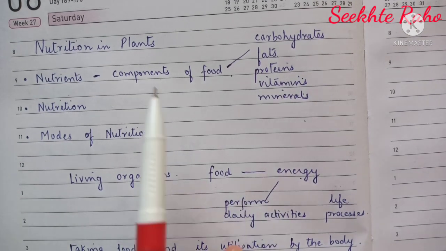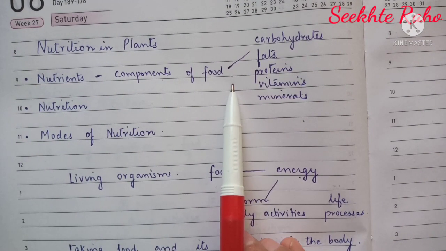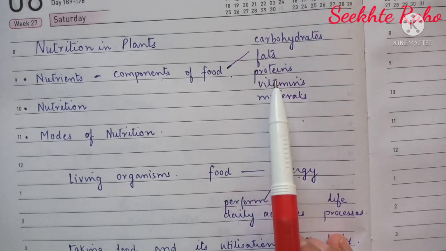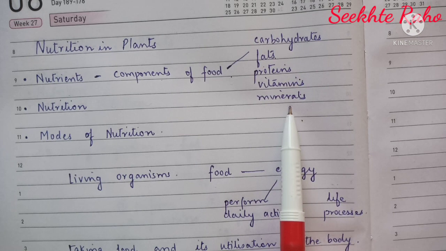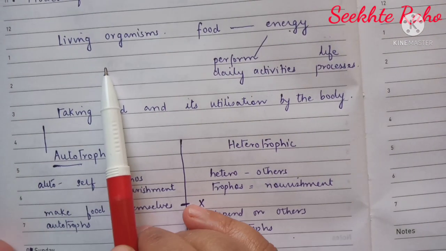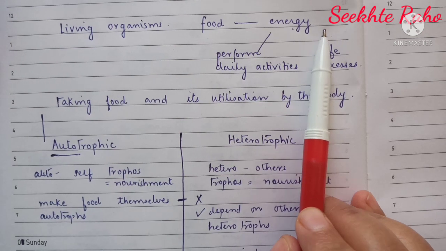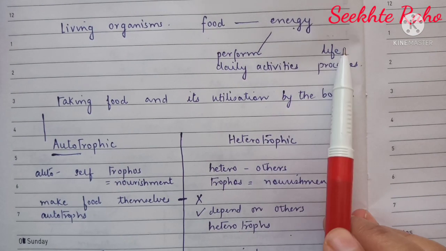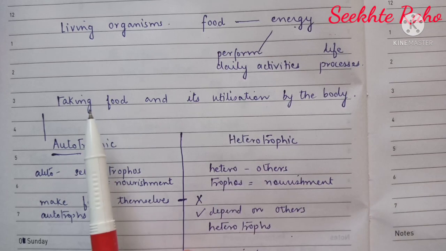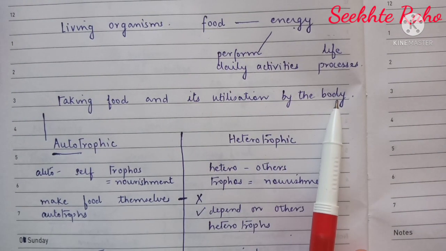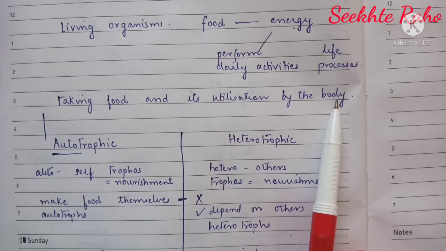Nutrients are components of food such as carbohydrates, fats, proteins, vitamins and minerals. All living organisms need food because it provides them with energy to perform daily activities and life processes. The process of taking food and its utilization by the body is called as nutrition.